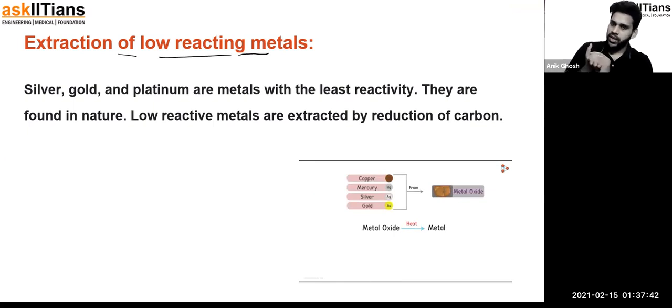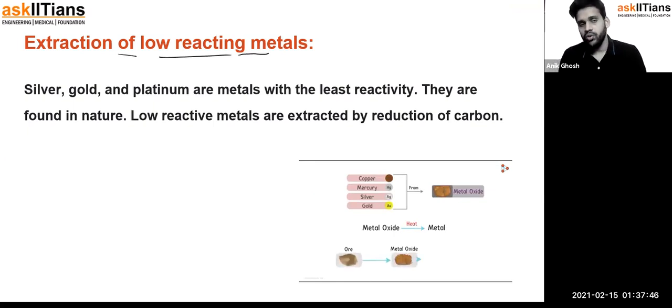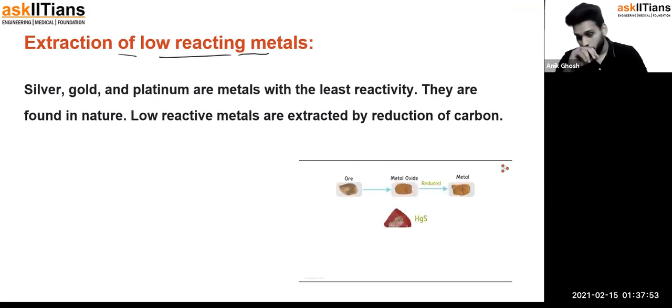So that is how you can take out the oxygen and get the metal back. So the thing is to get the oxide. If you get the oxide, the work is very simple for you. Either you heat it or you give it some reduction.